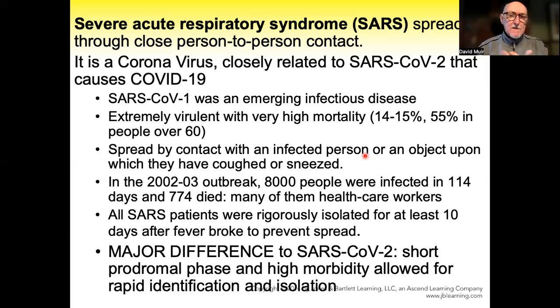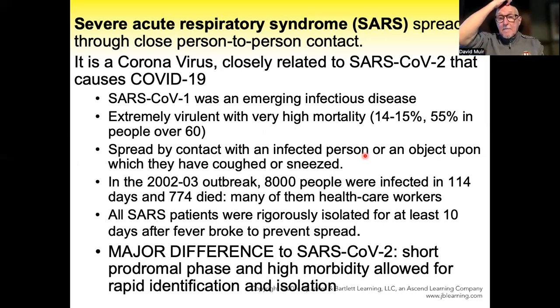There's very little evidence that it is spread through fomites. In the 2002-2003 epidemic of SARS-CoV-1, 8,000 people were infected, 774 died, and most of them were healthcare workers, which is a very sad aspect of this.